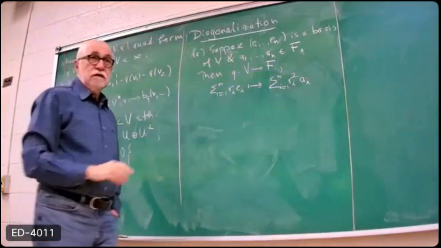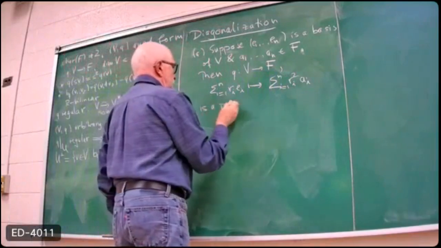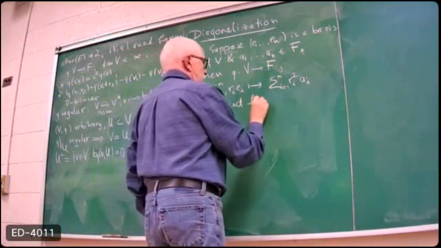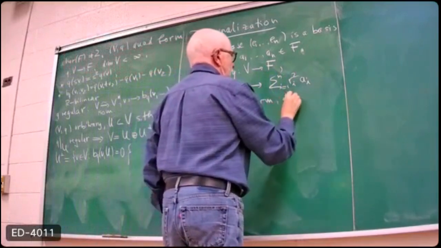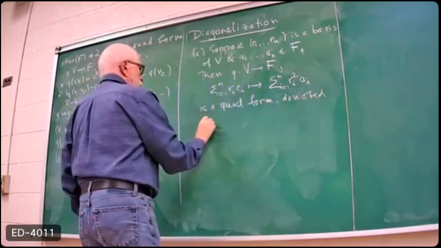This function is a quadratic form. It is the diagonal form, denoted <a1, up to an>.